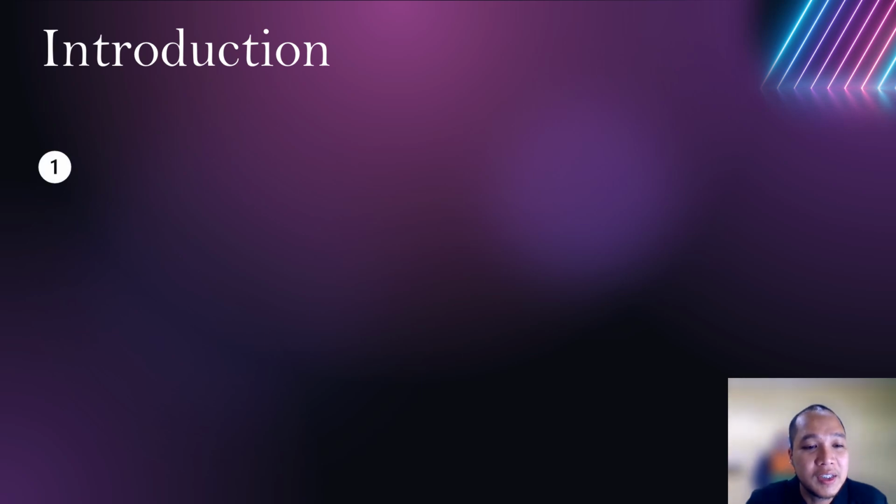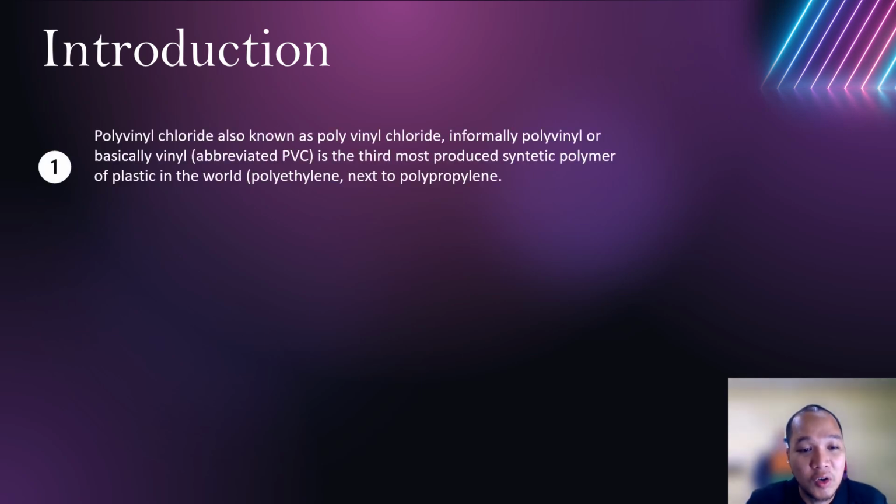Polyvinyl chloride, alternately polyvinyl chloride, colloquially polyvinyl or simply vinyl, shortened PVC, is the world's third most extensively produced synthetic plastic polymer after polyethylene and polypropylene.